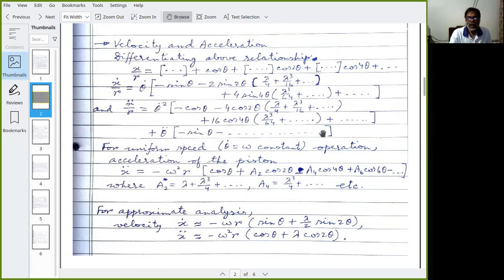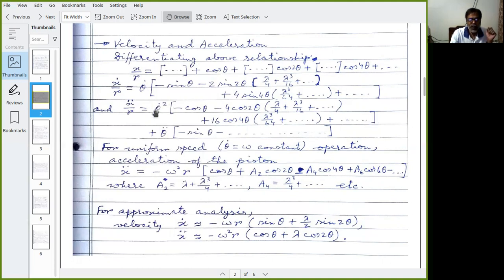Now, the important thing here is to work out the acceleration relationships when the crank rotates at uniform speed, because that is the most preferred way of operation. The output is turning at a constant rate, constant RPM. So when theta dot or omega is constant, then theta double dot is 0, so this whole thing becomes 0.